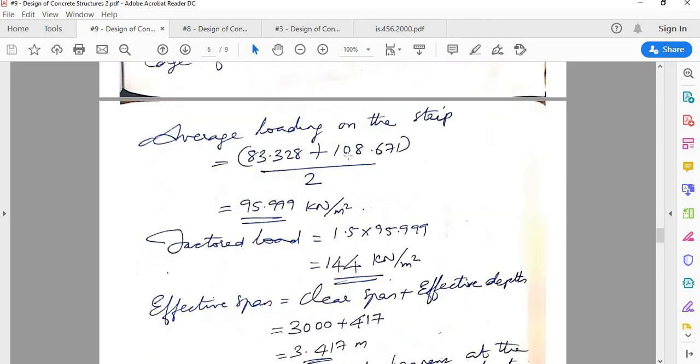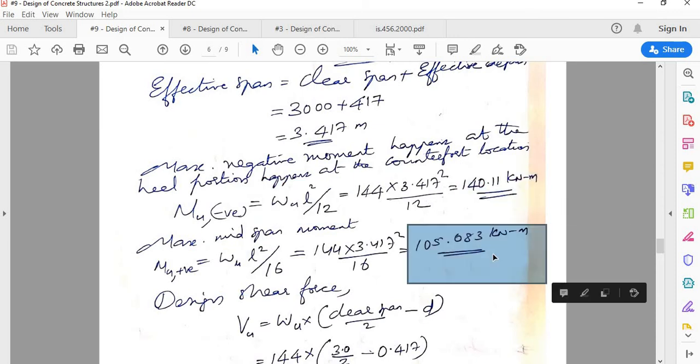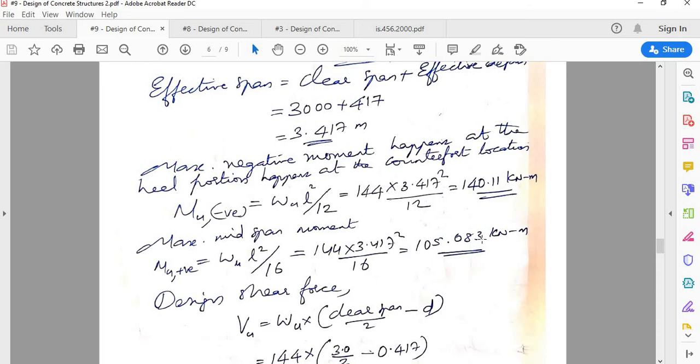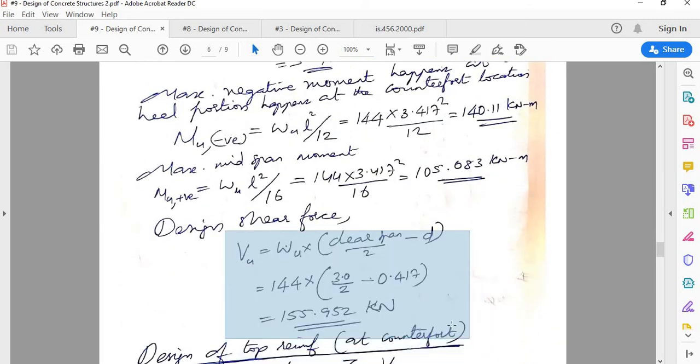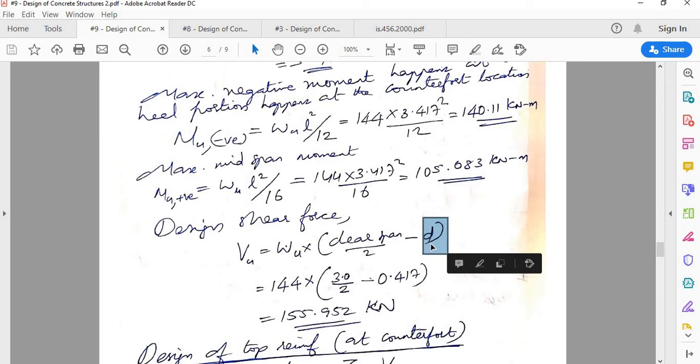Using WL square by 16 and WL square by 12, we will calculate the maximum negative and positive bending moments. The maximum shear force is half the total load in one span, so Wu into clear span by 2 minus effective depth. Remember, the critical section for shear is at a distance of effective depth. That's why we have this term.